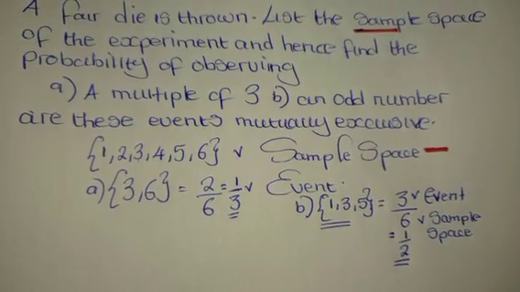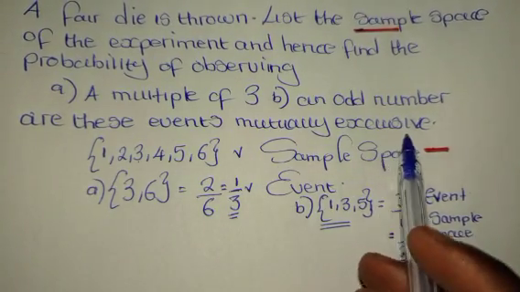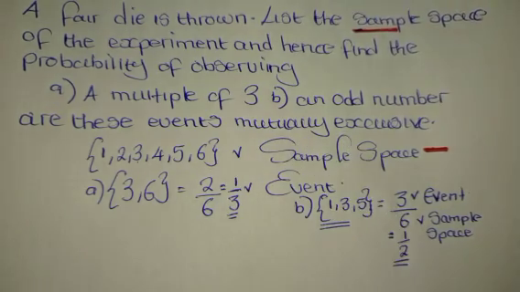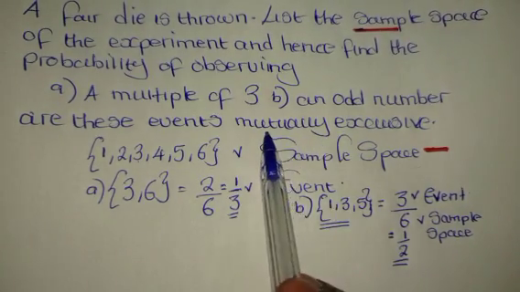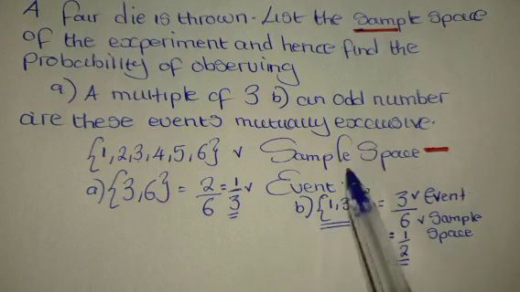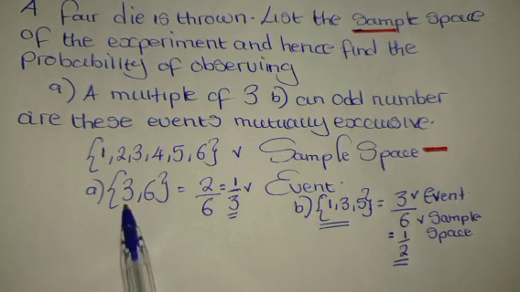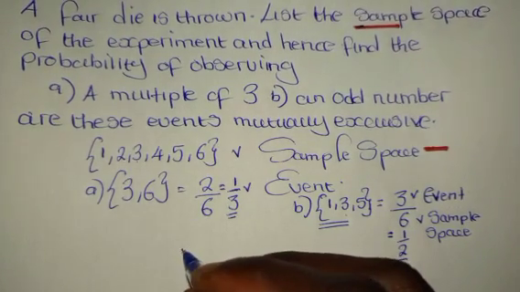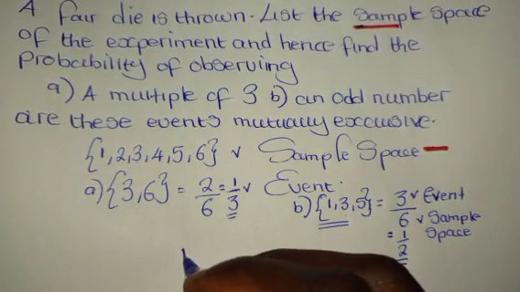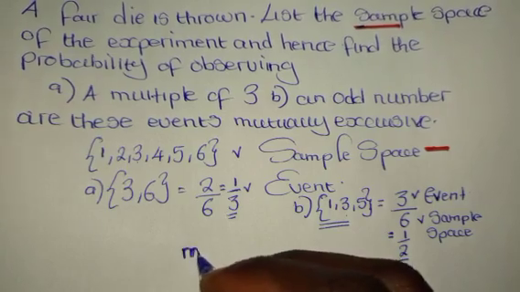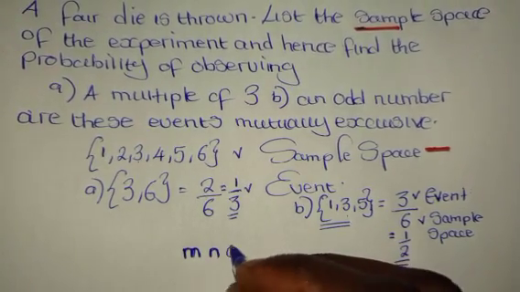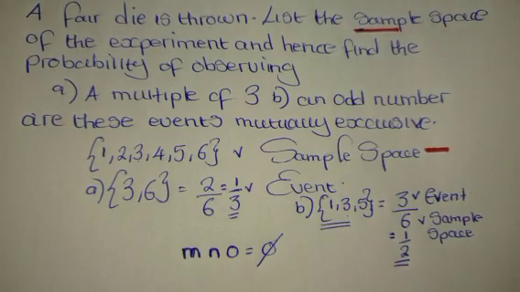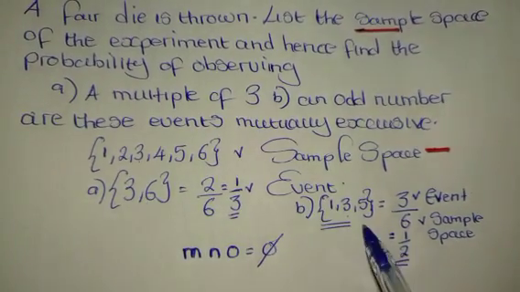Then the last question reads: are these events mutually exclusive? Remember, when we talk about mutual exclusivity under probability, we are asking whether these events have anything in common. If you check, 3 was there and 3 also is here. Under mutual exclusivity, the multiple of 3 intersecting with the odd should give an empty set, but there is a 3.